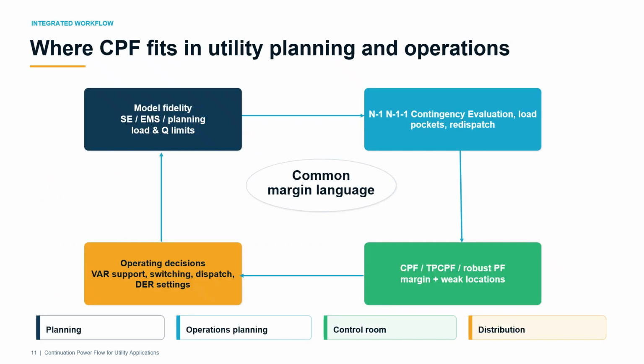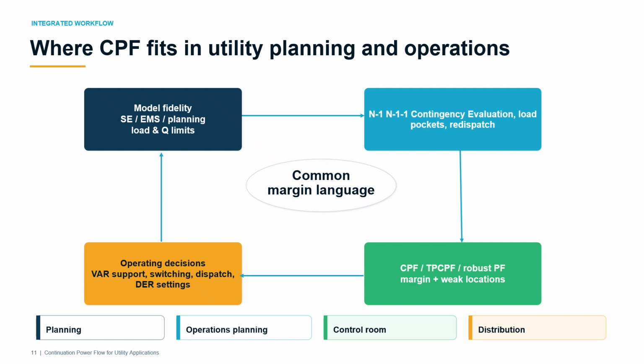CPF fits into a broader utility workflow. It starts with model fidelity, state estimator data, planning cases, load models, and generator reactive limits. Then the utility studies scenarios such as N-1 contingencies, load pockets, transfer paths, and redispatch.